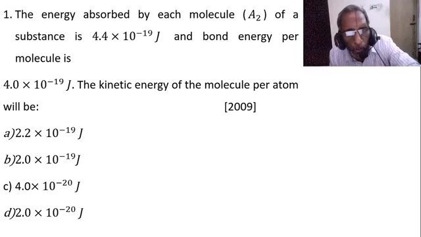The bond energy per molecule is 4 into 10 power minus 19 joule. The kinetic energy of the molecule per atom will be.